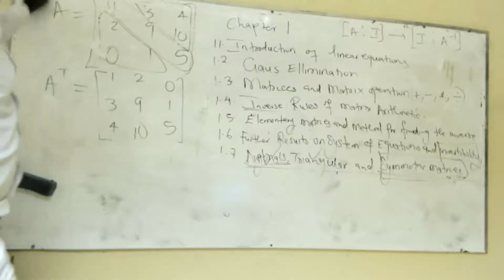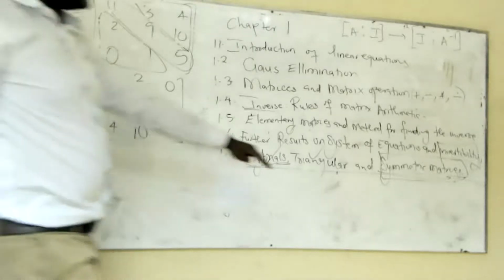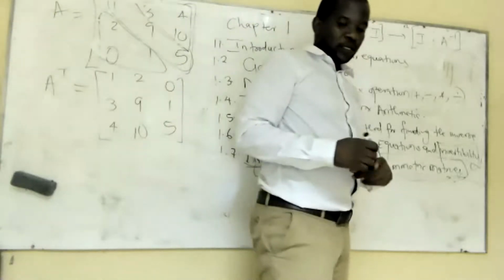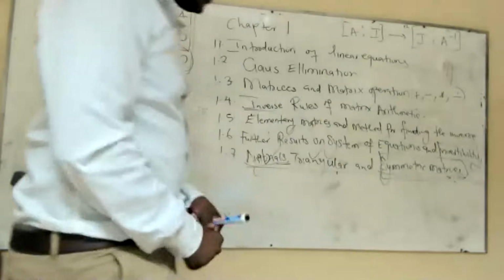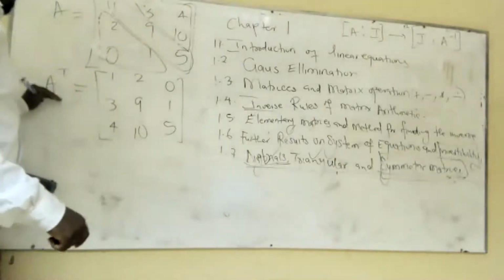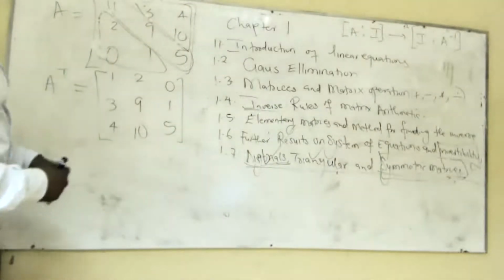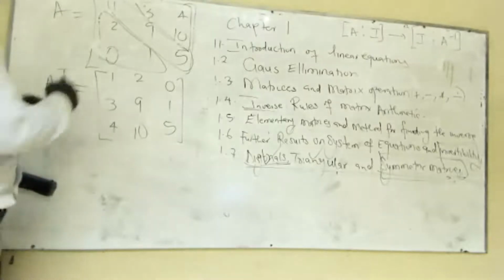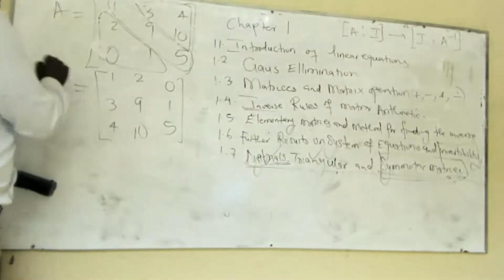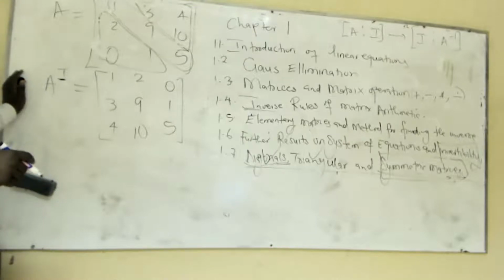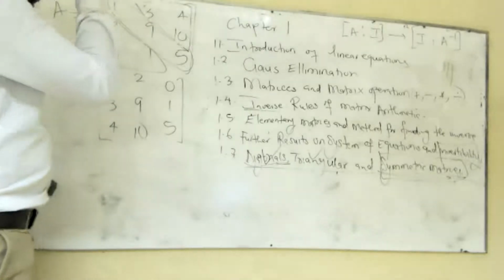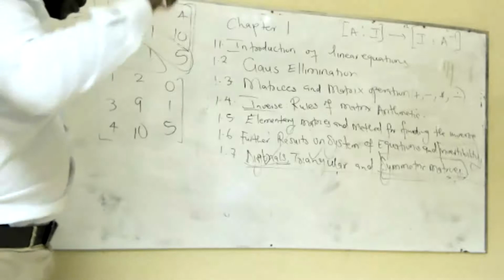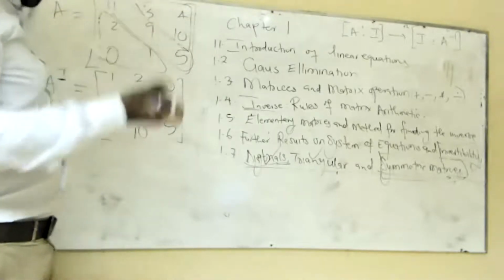No, here I'm explaining what is called the symmetric matrix. So let me explain the symmetric matrix. The first thing for getting the symmetric is to get what is called the transpose. The transpose is indicated by A to the power of capital letter T. The transpose changes the rows to columns and the columns to rows.